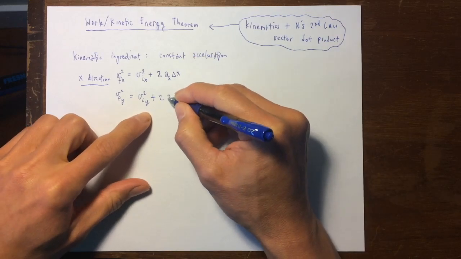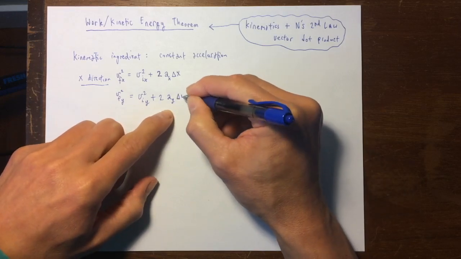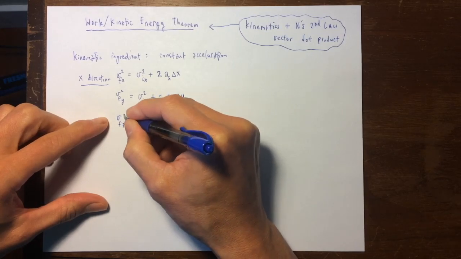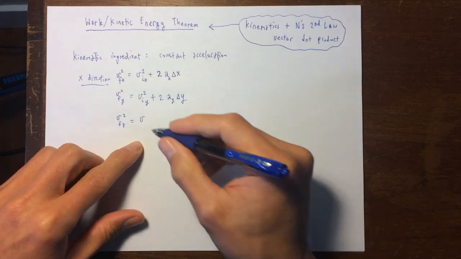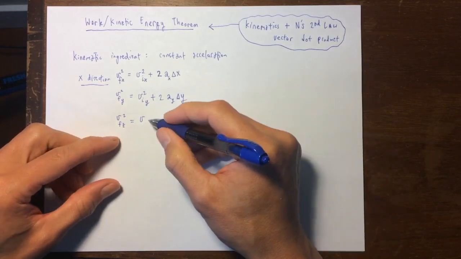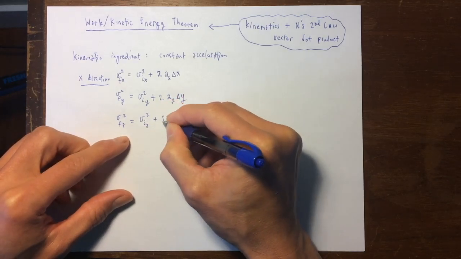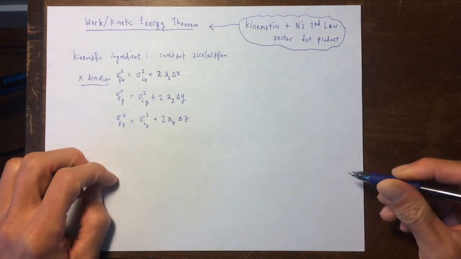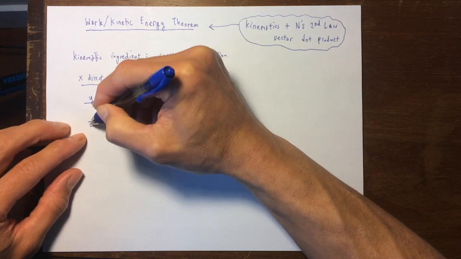So 2 times the acceleration in the y direction times the displacement in the y direction, and there is the z as well. And if you had a 4-dimensional universe, then you add another one for the 4th dimension, whatever you call it. So 2az delta z. Okay, so this is the y and the z.